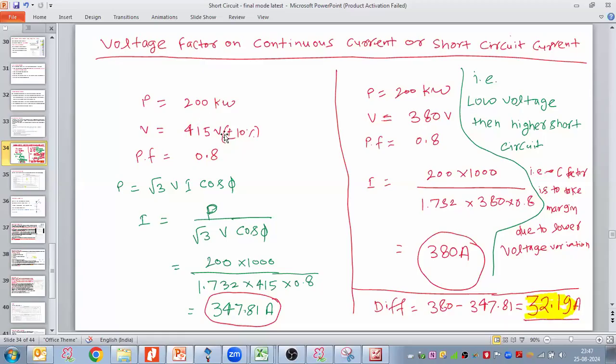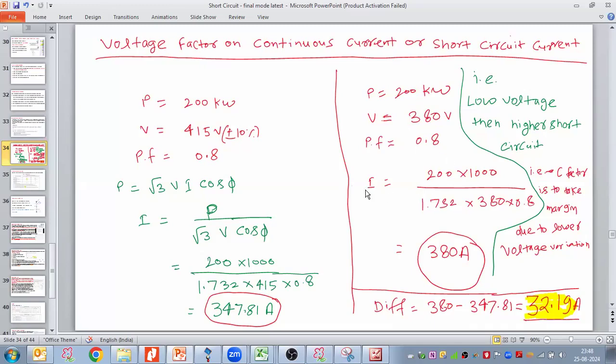Now the current for this motor would be P divided by root 3 V cos phi. I'm taking the 415 voltage, the rated voltage, so my current comes to 347.81. Now suppose my terminal voltage is not 415. There is plus minus 10%, so minus 10%.